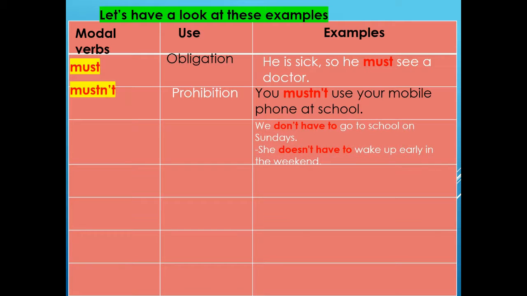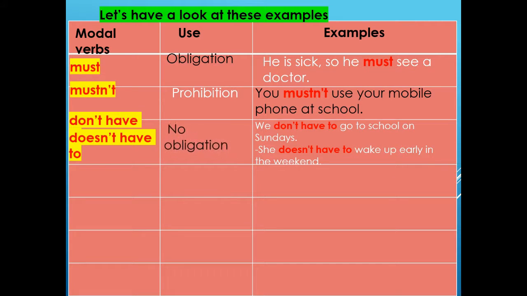prohibition. The next one we have: we don't have to go to school on Sundays. This is number one. Number two: she doesn't have to wake up early on the weekend. We have two sentences and one modal verb, one in the plural and the second in the singular. So the modals are don't have to and doesn't have to.